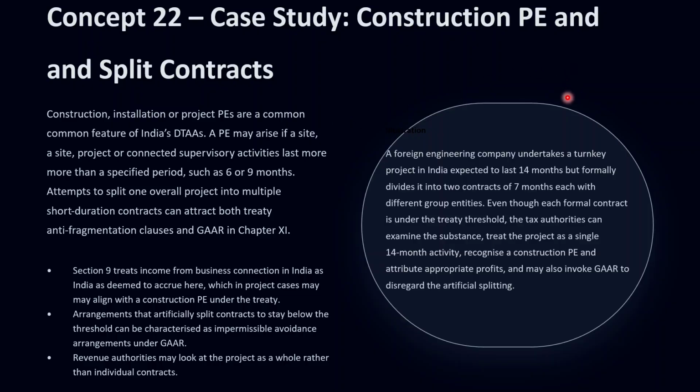So, guys, the crux of the matter is, don't rely on cosmetic contract splitting. So in the new regime, both the business connection definitions and the GAAR empower the government to look through such structures and tax the true economic presence in India. So this is a very, very important concept. I hope it is clear to all of you.